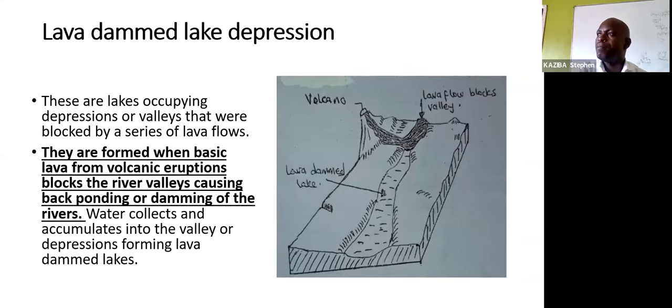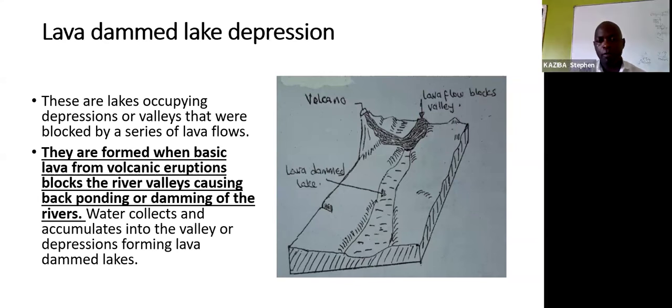So I need questions before I go to another question. So the diagrams, yes, and make sure you draw talking diagrams.